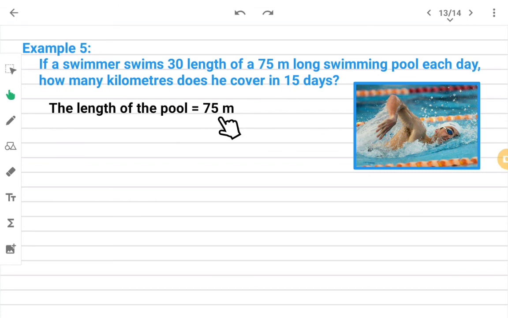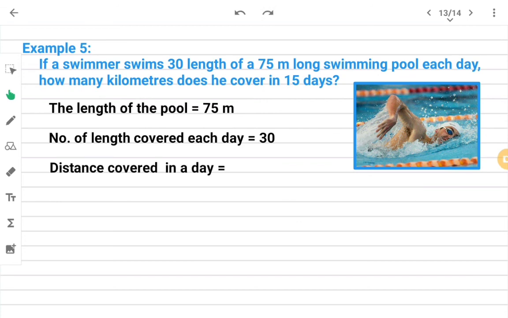Now, how many times? 30 times. That is, the number of lengths covered each day is equal to 30. And now we are going to find the distance covered in a day. So distance covered in a day is equal to 75 into 30.